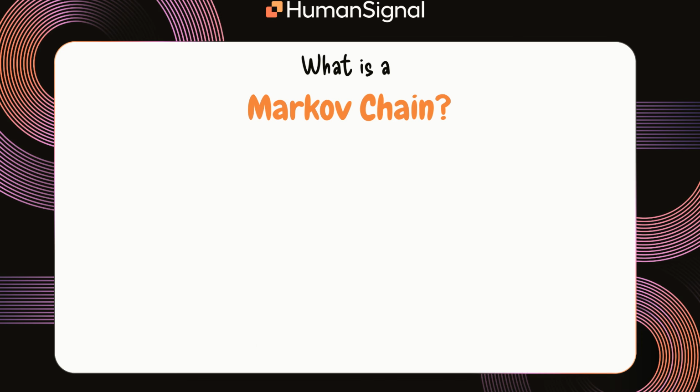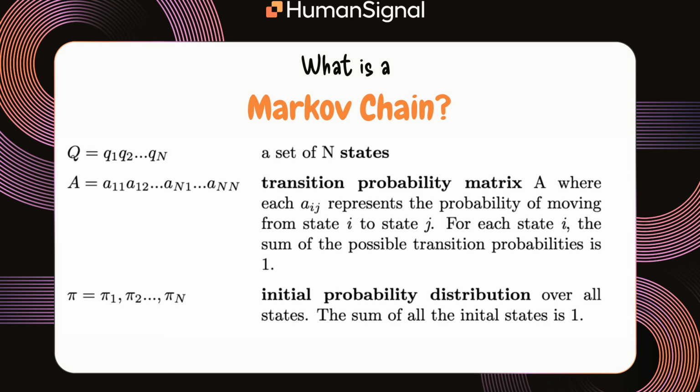According to the Jurafsky and Martin Speech and Language Processing textbook, Appendix A, a Markov chain is formally defined as follows. Big Q representing a set of n states, where each state is represented by little q sub i.